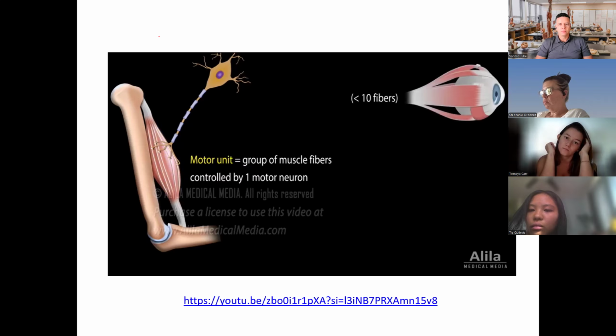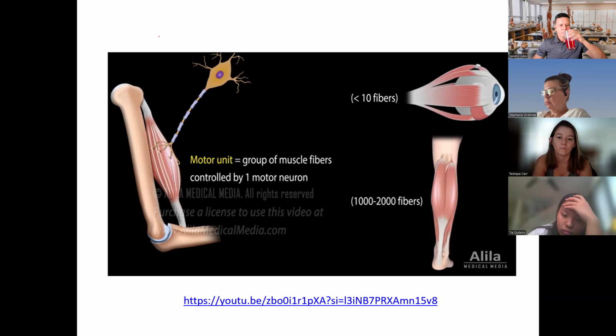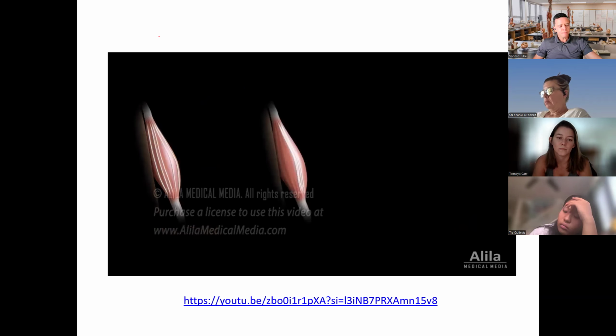Small motor units are found in muscles that require finer control, for example, muscles that are responsible for subtle movements of the eyes. Large motor units are found in larger muscles that require strength, such as muscles of the arms and legs. Muscle fibers of the same motor unit are usually not clustered together, but scattered throughout the muscle.